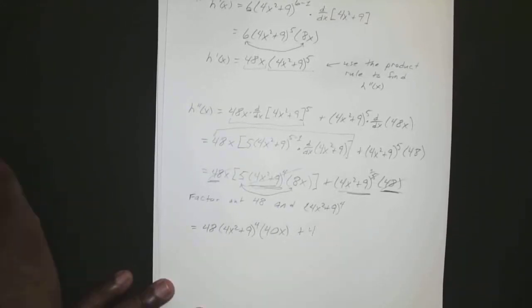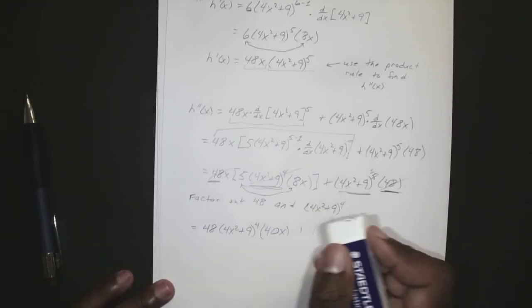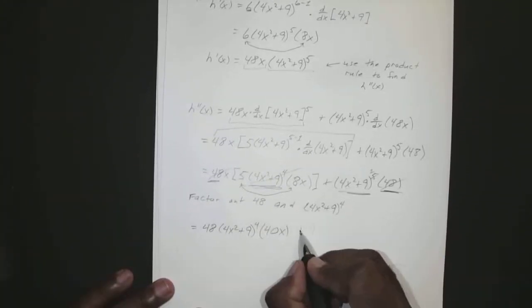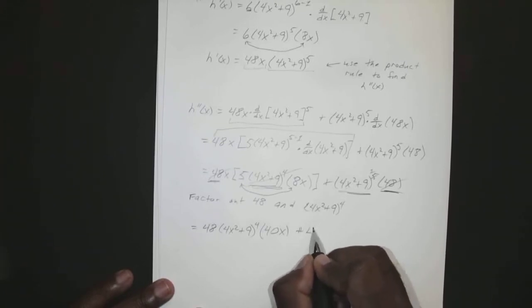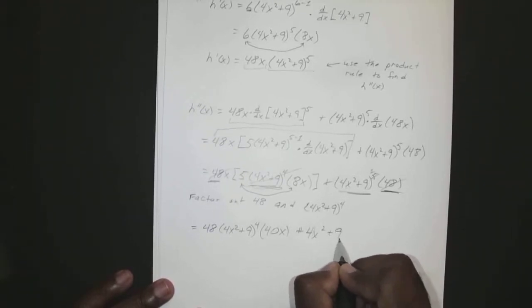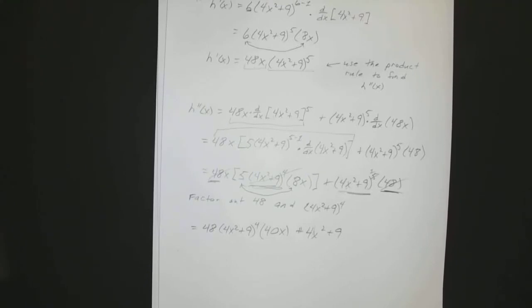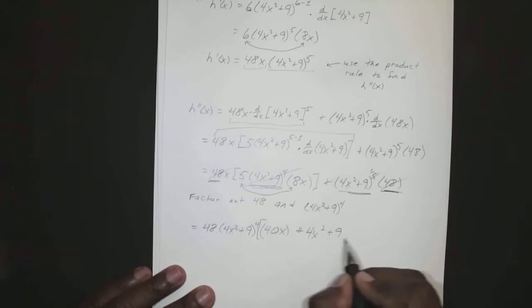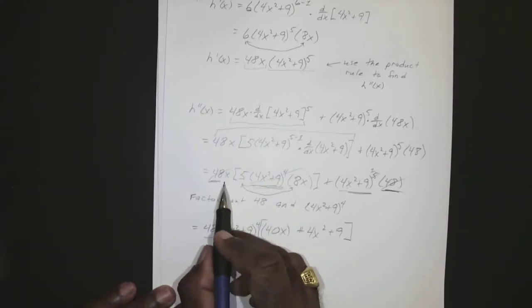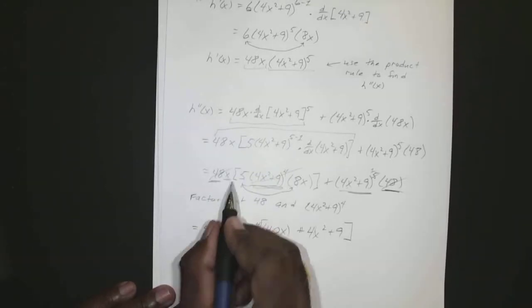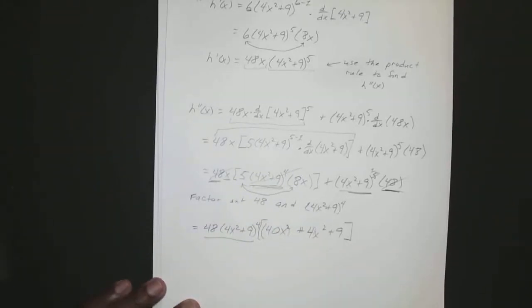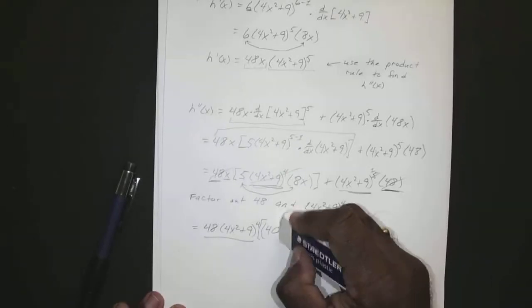Oh, actually, I could have left that there. Okay, so actually all of this is multiplied to that because we did factor those two out. Actually, that should be 40x squared. Forgot about the x there. Let me clear that up a little bit.